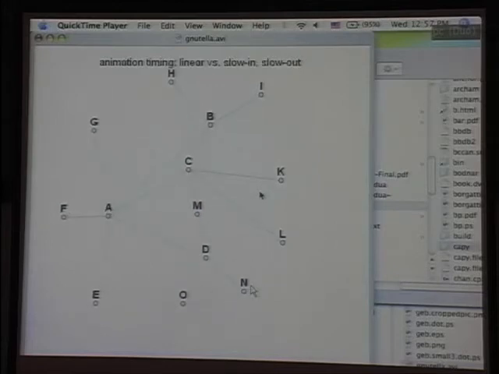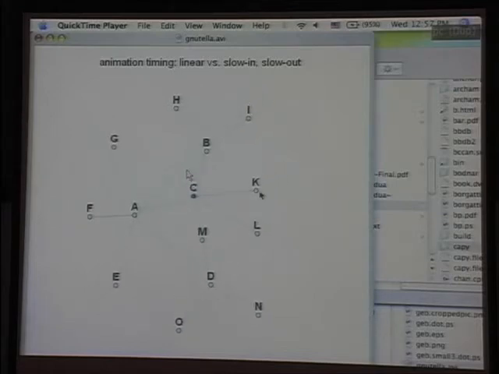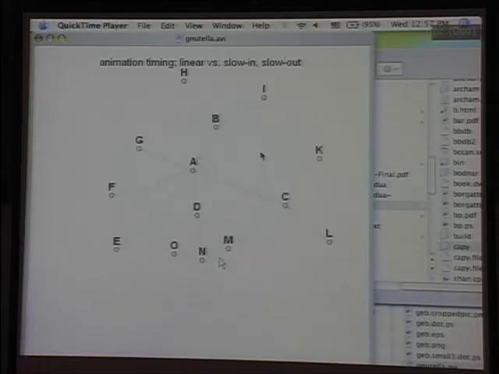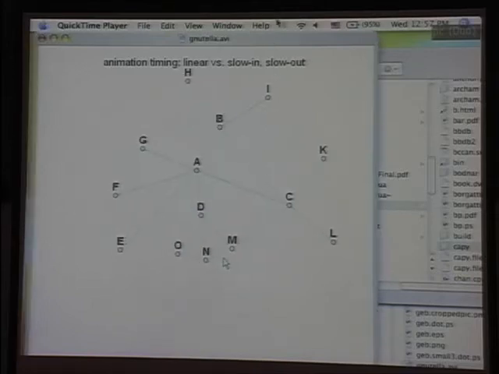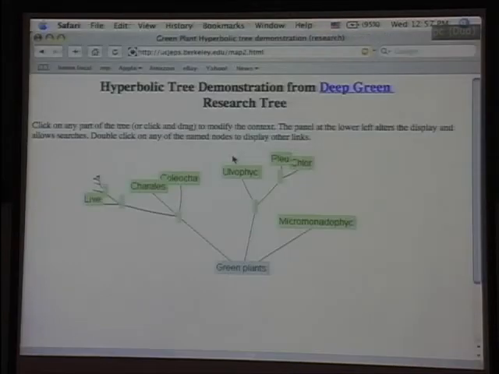There's another constraint based on some of the physics of Disney animation, which is instead of just moving linearly in time, you start out slowly and then go more quickly. So this is enough at least to give you some sense of the fact that by imposing some constraints, you can actually make these kinds of motions easier to follow visually. So I'm not going to show the whole video, but it's enough to give you a sense.